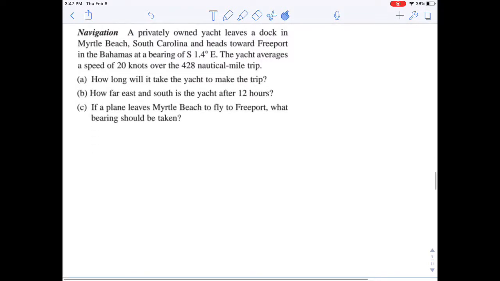All right, let's get what this picture looks like. So I always start with my north, south, east, west line. And this says south 1.4 degrees east. So I am going to start down at south and move towards east. And it's a very small angle.